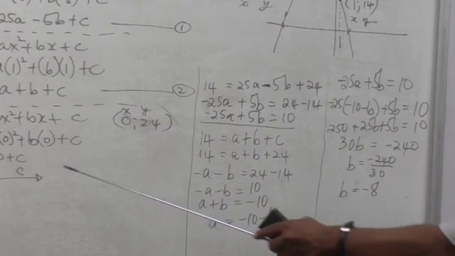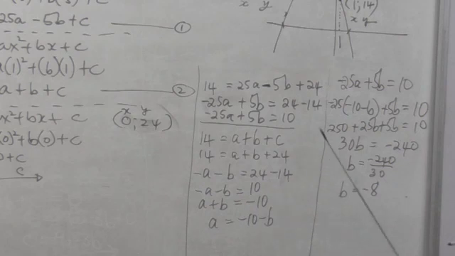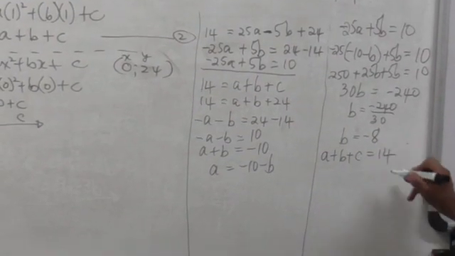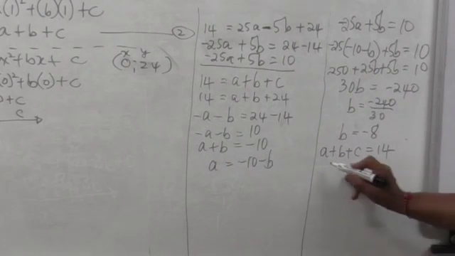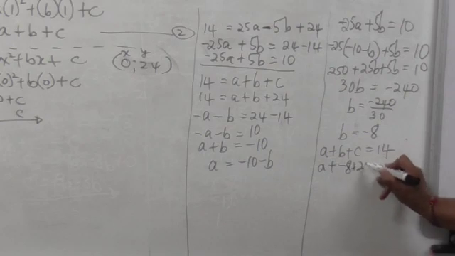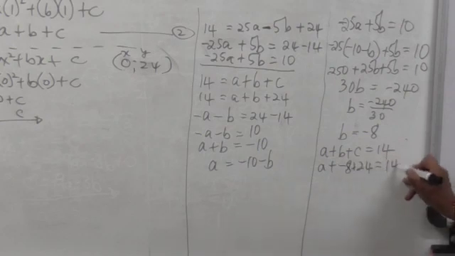Now we've got c, we've got b. But we know that a plus b plus c is 14. We're solving for a, we don't know what a is. But we know that b is minus 8 and c is 24, and the sum is equal to 14.